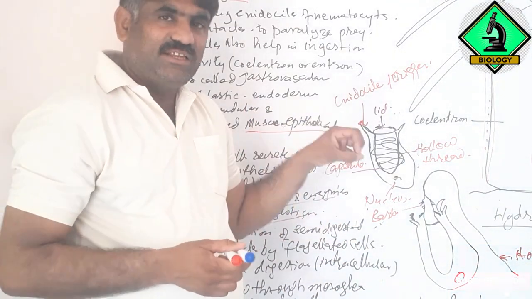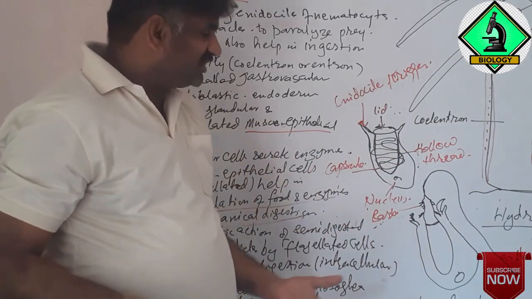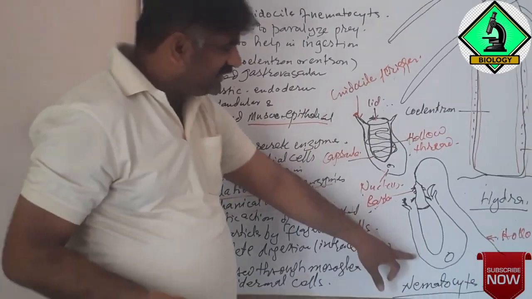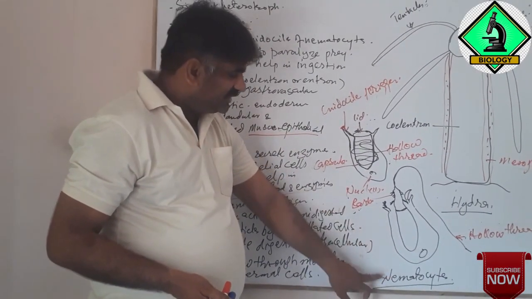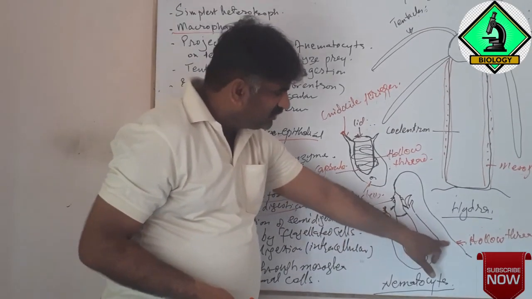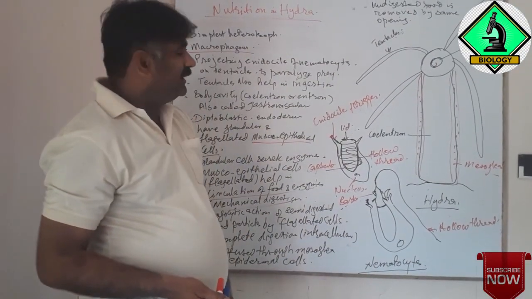It discharges poisonous contents over that organism and becomes discharged. So this is an uncharged cnidocyte, and this is a charged one, where the cnidocyte has shot out the hollow thread over the prey and paralyzed it.